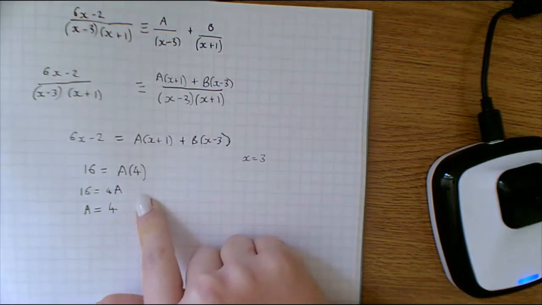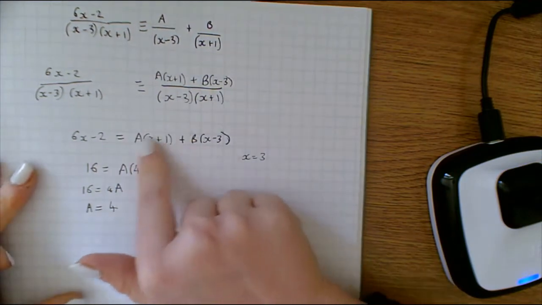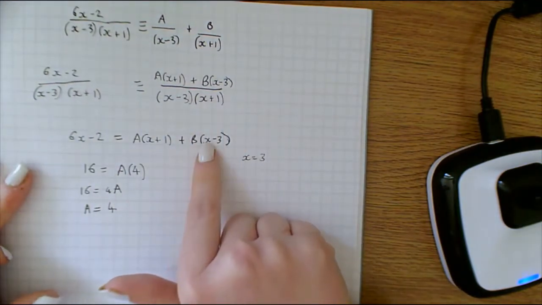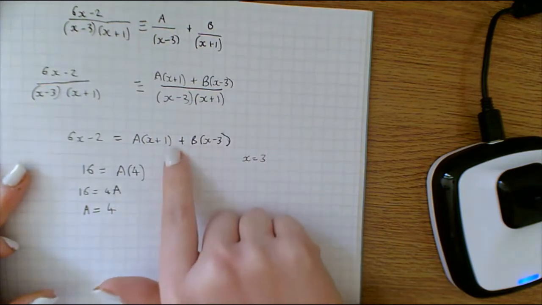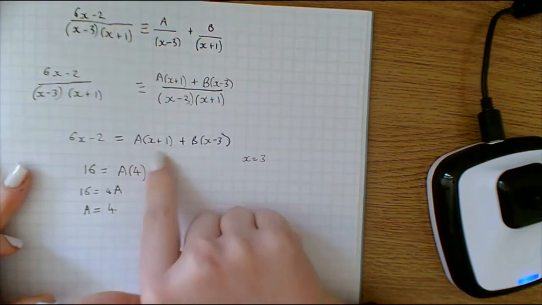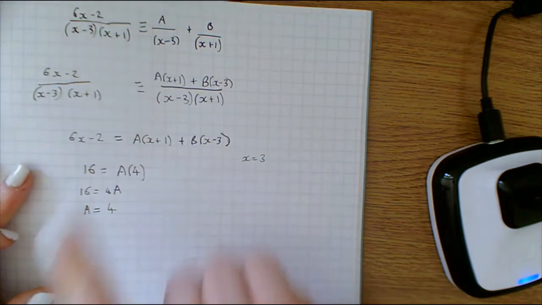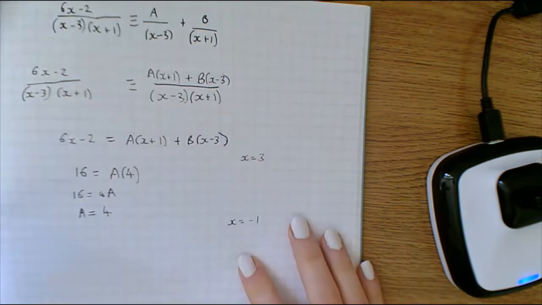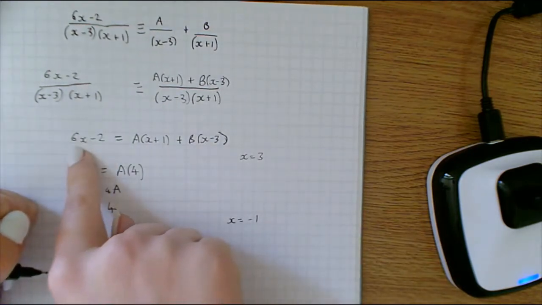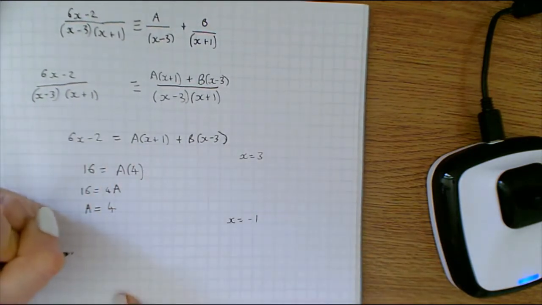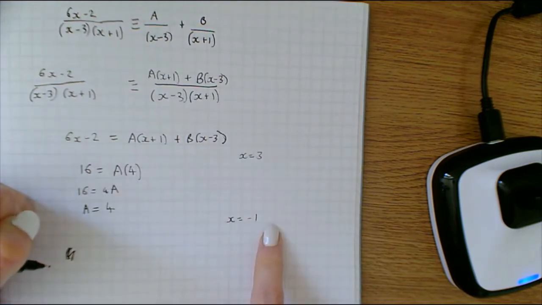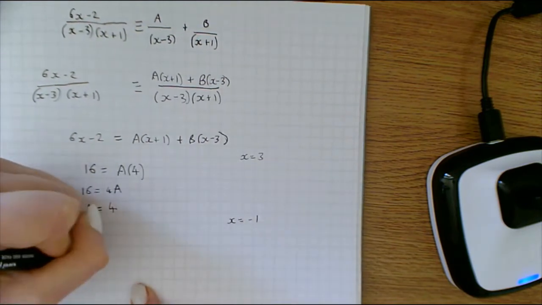Okay. So now we need to make a similar substitution into this equation up here so that we can find out the value of b. To find out the value of b, we need this to be equal to 0. For this to be equal to 0, I'm going to substitute in x equals negative 1. So when I substitute x equals negative 1 into this expression up here, I get 6 times minus 1 is minus 6, minus 2 is minus 8.